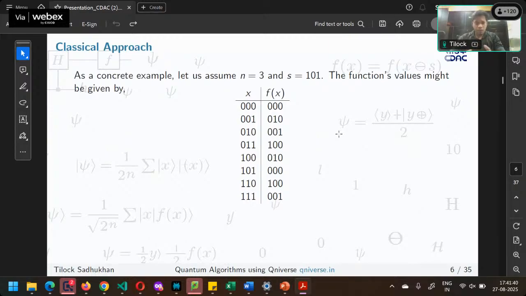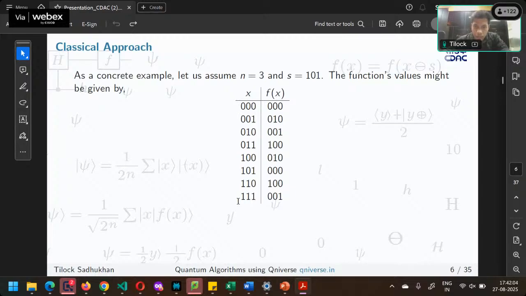Now, to make things more intuitive so that you can visualize more precisely, here I have taken an example of n equals 3. If n equals 3, then the total number of possible inputs would be 2 to the power 3, that is 8.